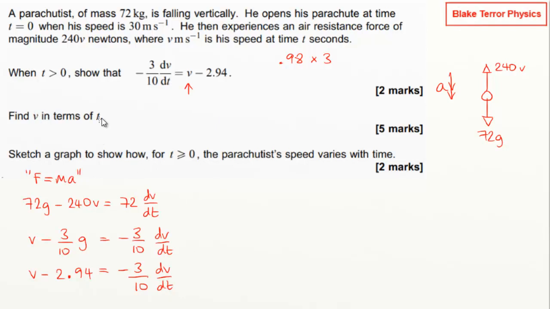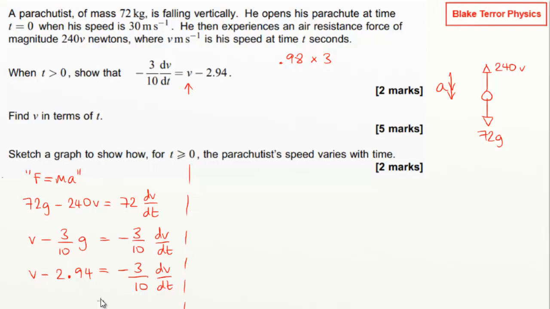Now we have to find v in terms of t, i.e. solve this differential equation. Same old thing that we've got going on here. When you've got some quantity that's varying with time that is proportional to that quantity itself, we know we're going to get exponentials coming out of all of this. But let's rearrange things.